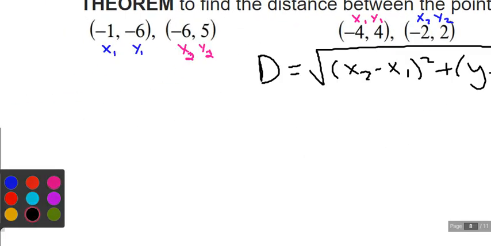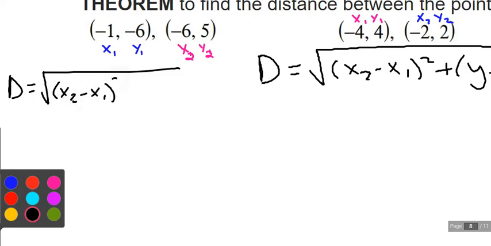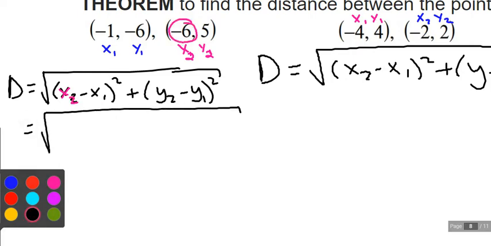So let's do the first one. Distance is equal to the square root of (x2 minus x1) in parentheses squared, plus (y2 minus y1) in parentheses squared. In terms of what goes where, we need the x2 value, and x2 comes from right here. In this distance formula, the square root stays where it is.